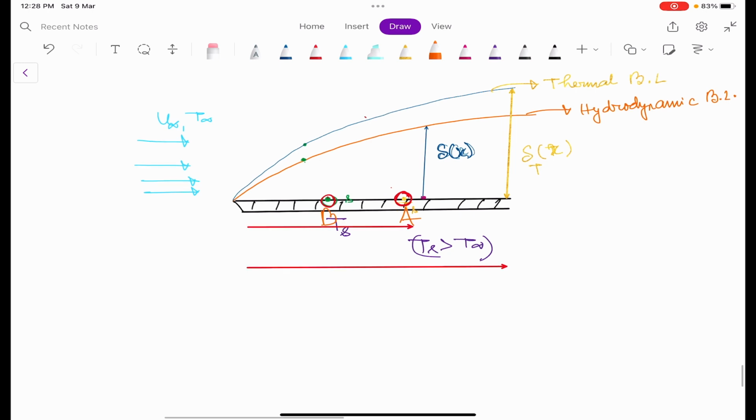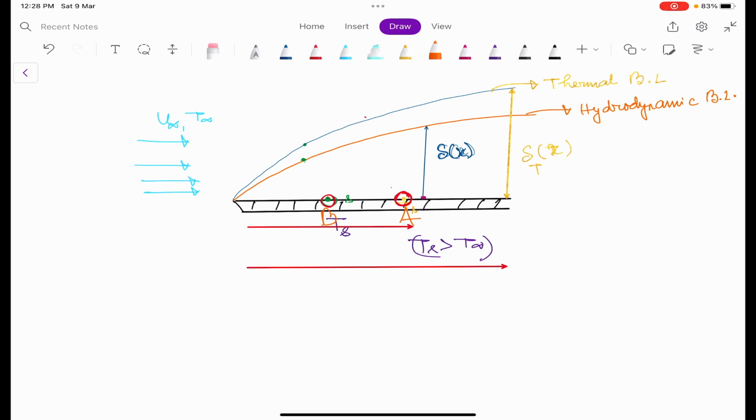Now I ask you a question: is it necessary that the thermal boundary layer edge will always be above the hydrodynamic boundary layer? That is not always the case.